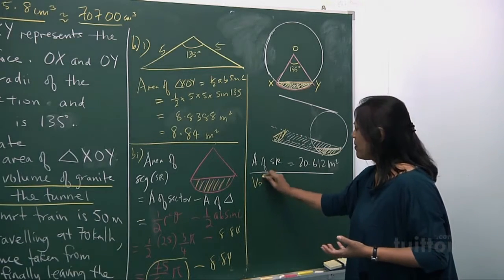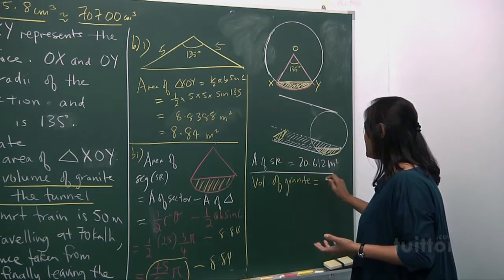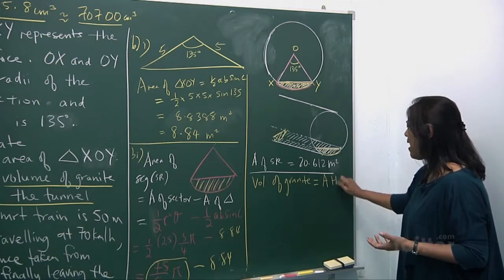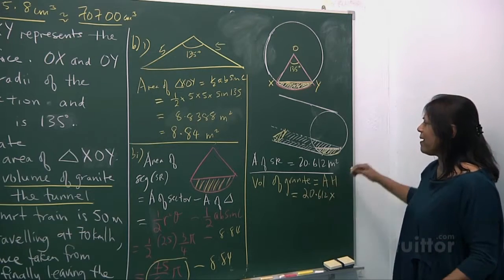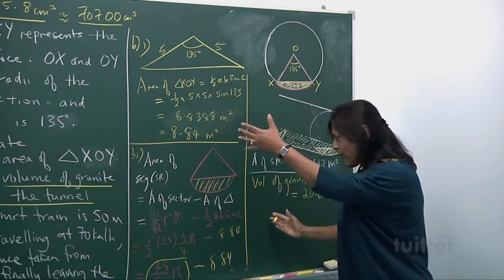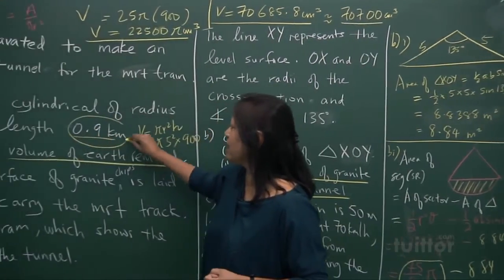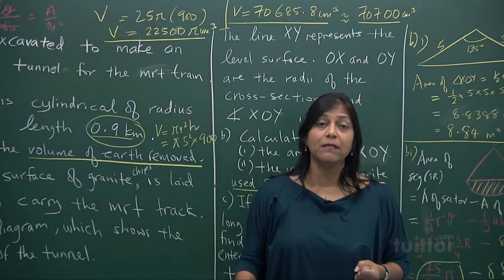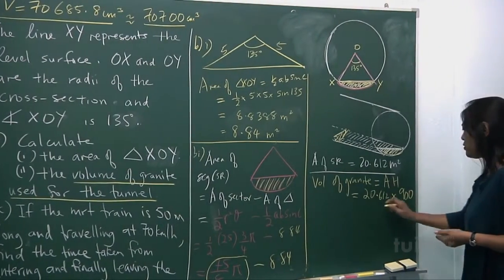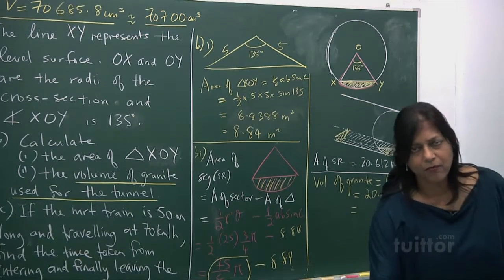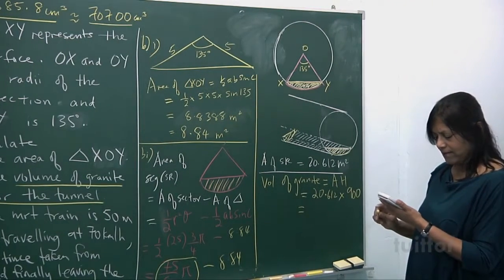So the volume of granite is the area of the cross section times the height, and that's 20.612 multiplied by the height of this track from one cross section to another, and that height is 0.9 kilometers, which is 900 meters. So you're going to multiply by 900, same units of measurement, and that answer will give you the volume of granite used.